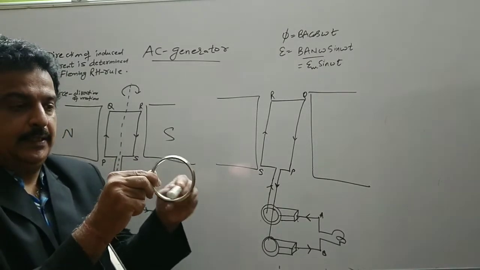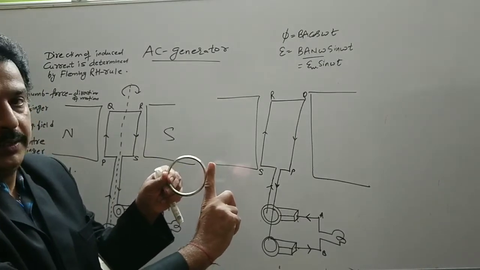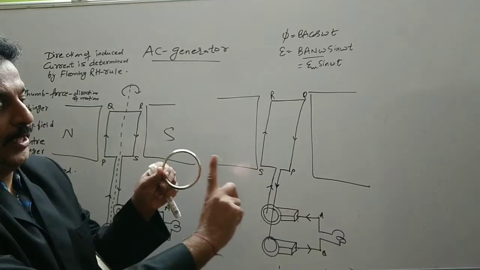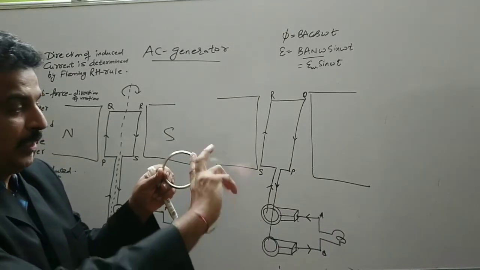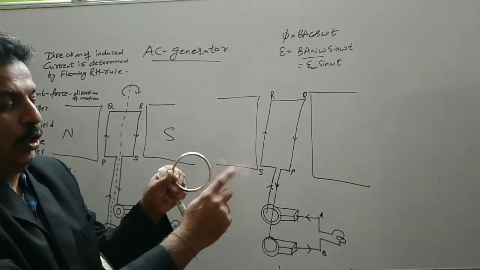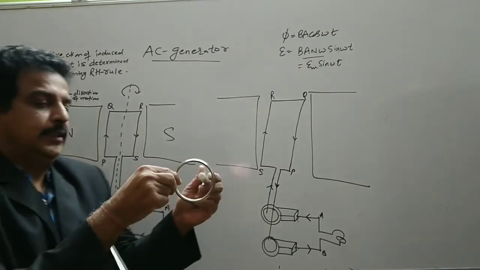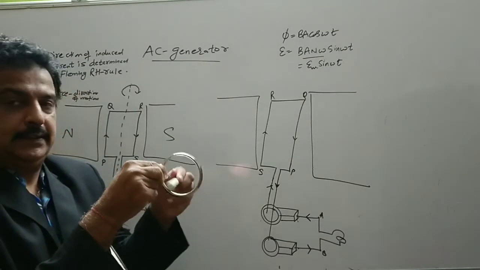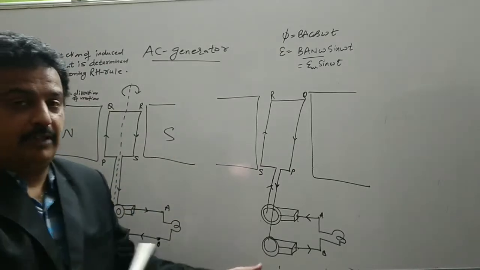It rotates like that. This slip ring is again touched with a carbon rod. They are not connected, they are just kept in contact. Because when the coil rotates, the slip ring will also rotate, and the polarity will change. Let us see how the polarity will change.